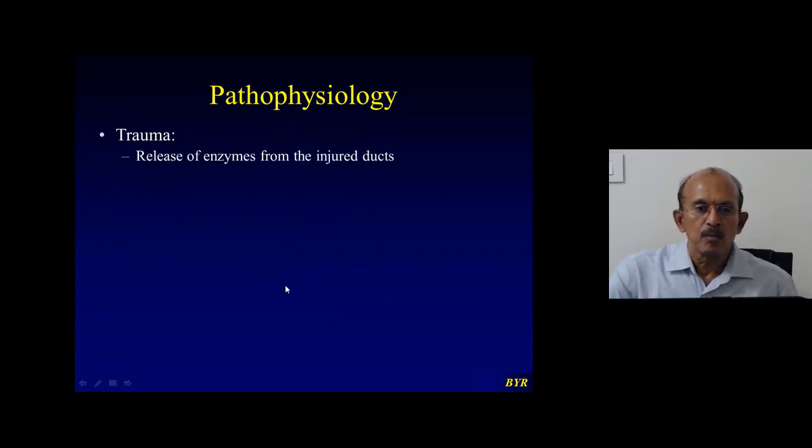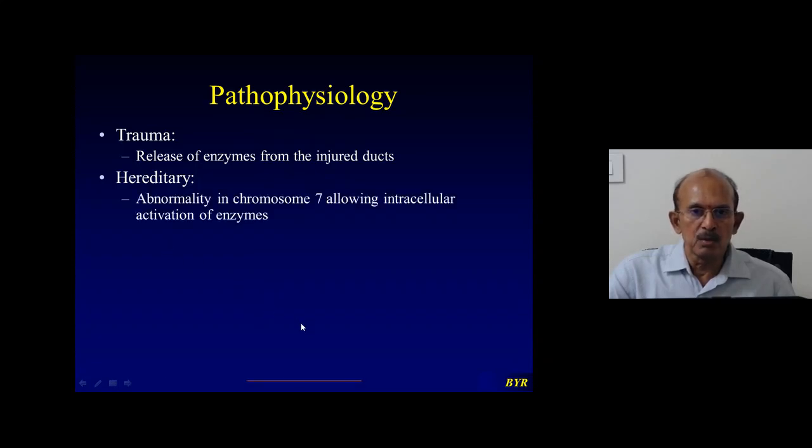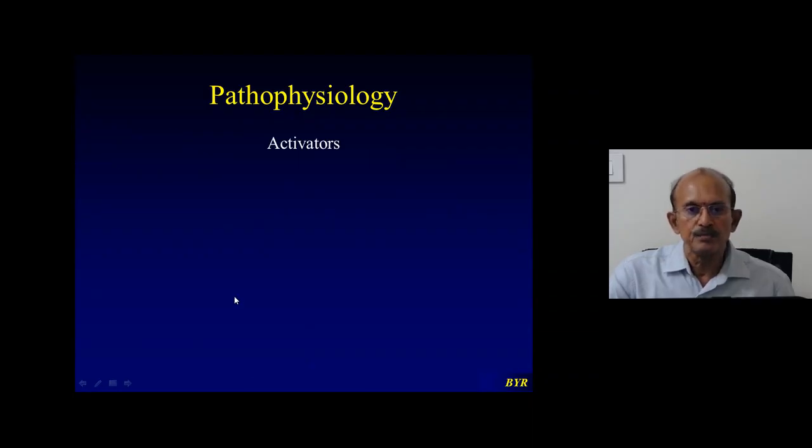Trauma: direct blunt trauma, with the release of enzymes from the injured ducts and injured acini, can lead to acute pancreatitis. Hereditary pancreatitis: abnormality in chromosome 7 allowing intracellular activation of enzymes. So whenever there are activators like alcohol or a gallstone blocking the common channel, what will happen?